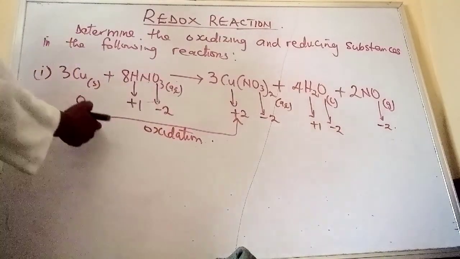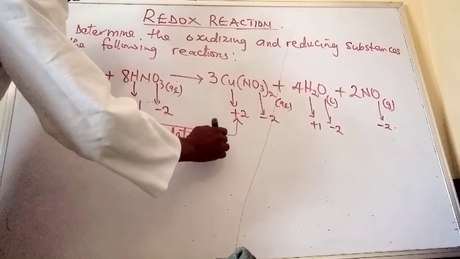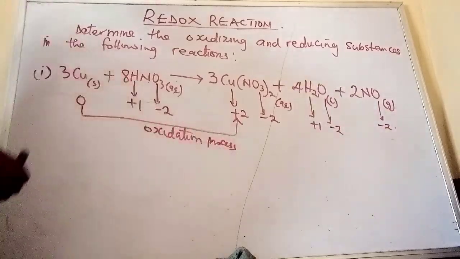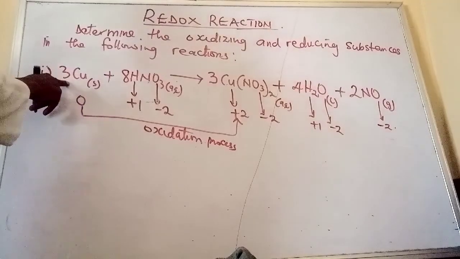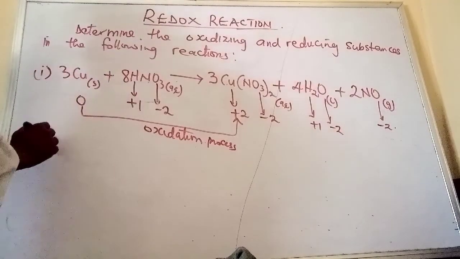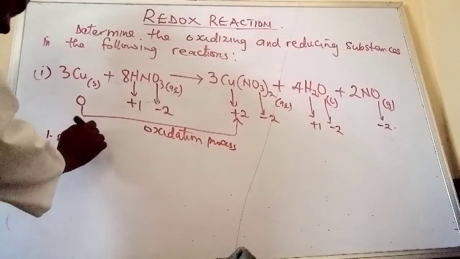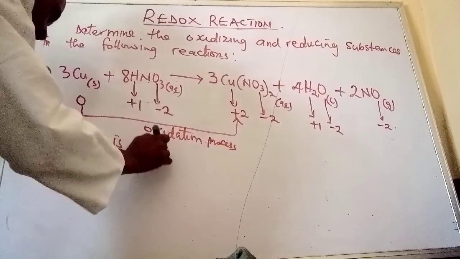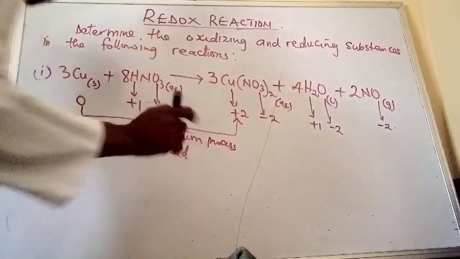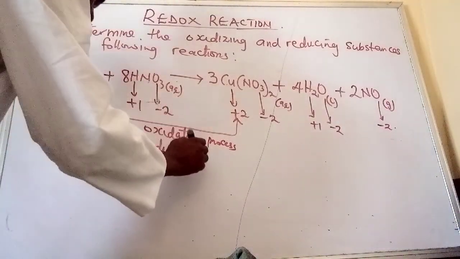So if oxidation number has increased, that means this is an oxidation process, and that means that copper has been oxidized. Therefore, copper is oxidized according to the note I wrote on the board at the beginning of this class.